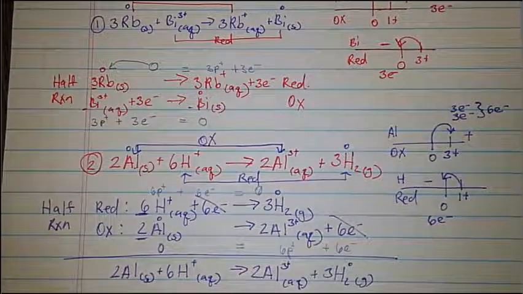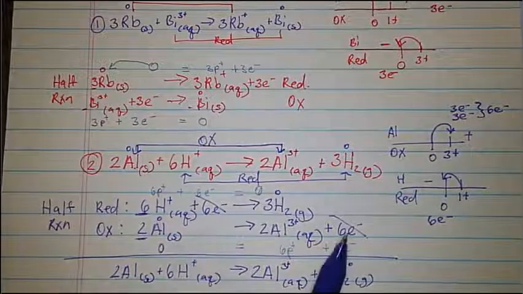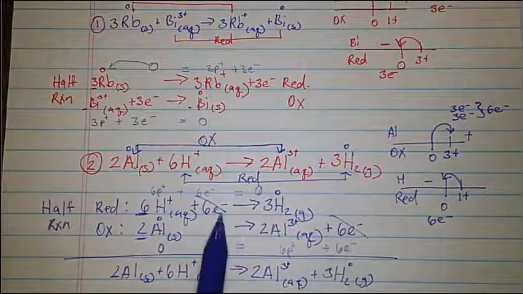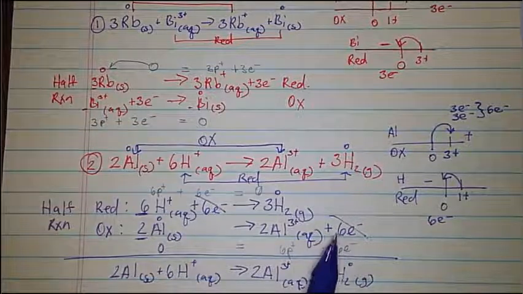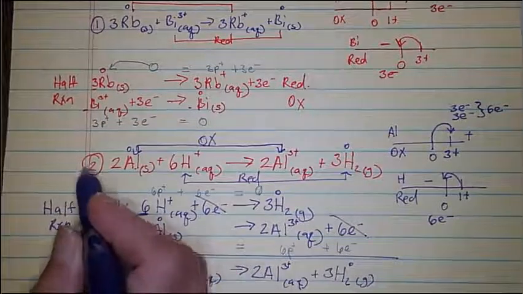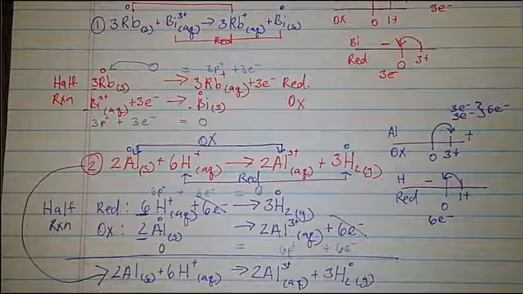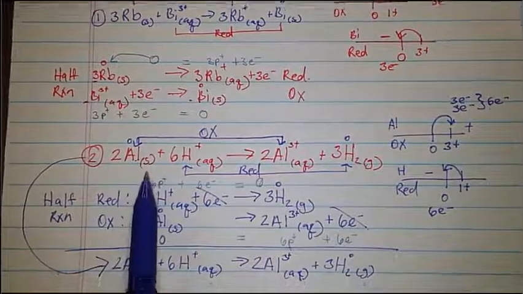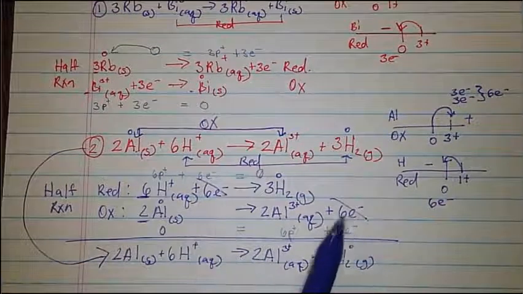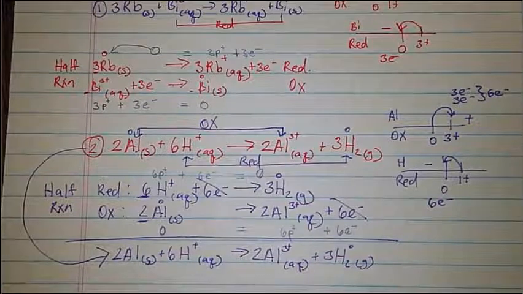Keep in mind, if you write your electrons in the correct place, one should be in the reactants, the other one's going to be in the product. It should be the same as your net ionic equation. So after you have canceled those electrons, you should go back to your net ionic equation.